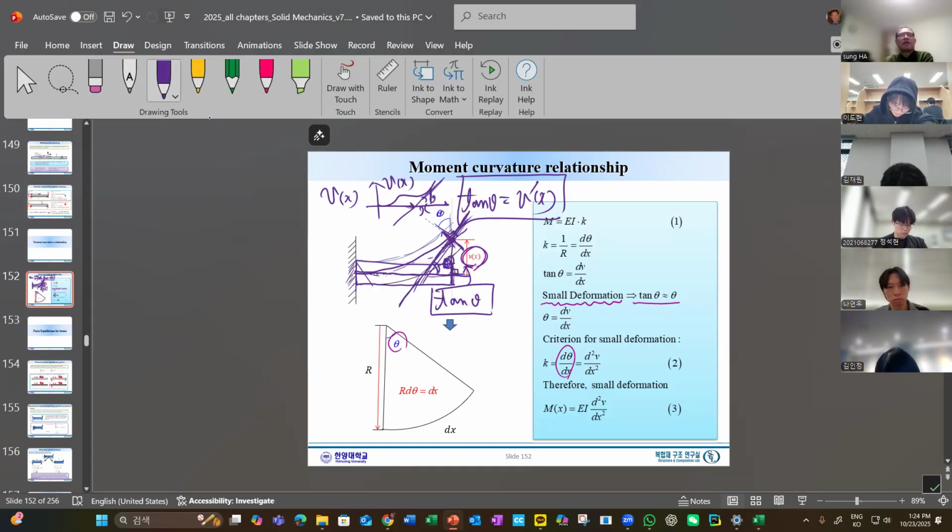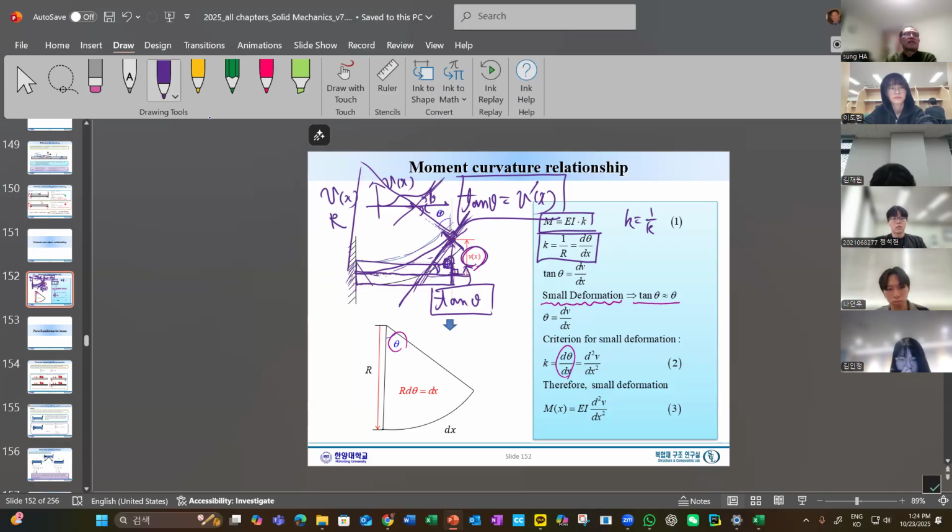Let's get back to here. We already have these equations. M equals EI times curvature. Again, this is a radius R, and the curvature K is 1 over R. K equals 1 over R. See, here is a dx.